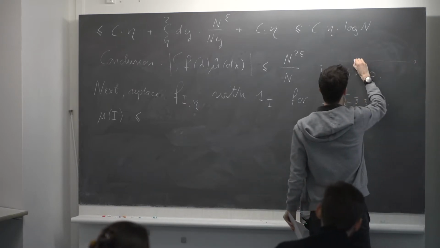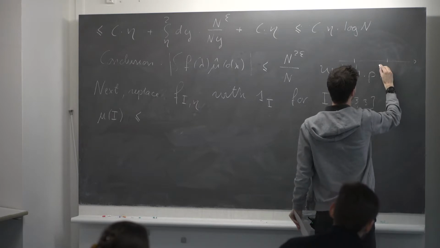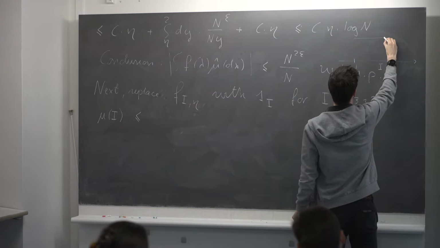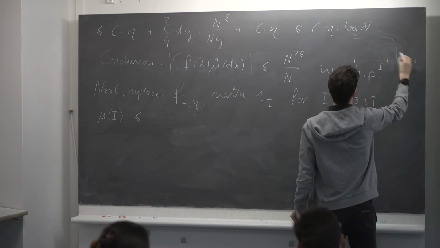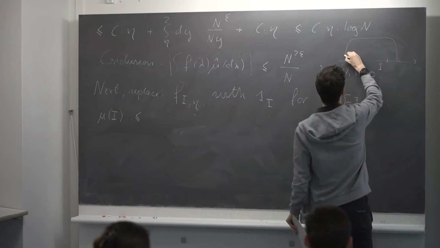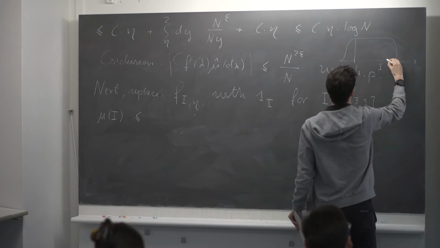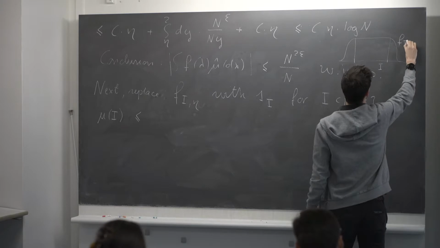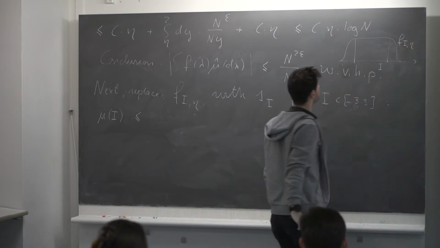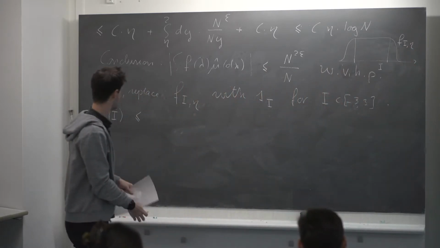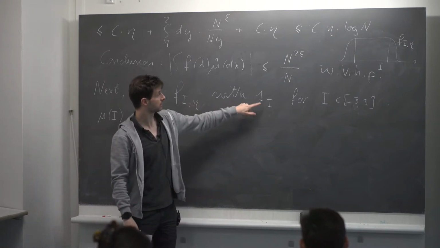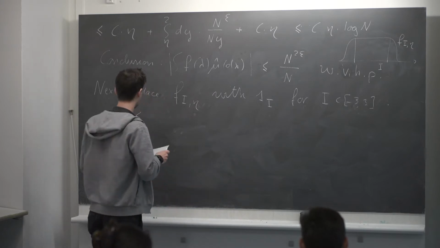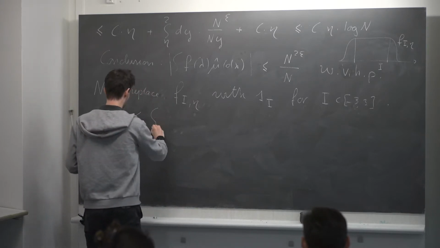If this is my interval I, I will work with this indicator function. So this is f. This is my smooth indicator function f, which is greater than or equal to the actual indicator function. So this is certainly an upper bound.